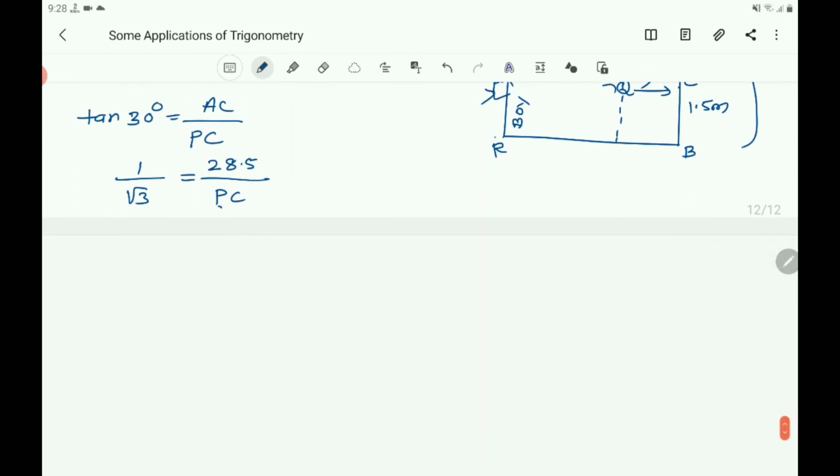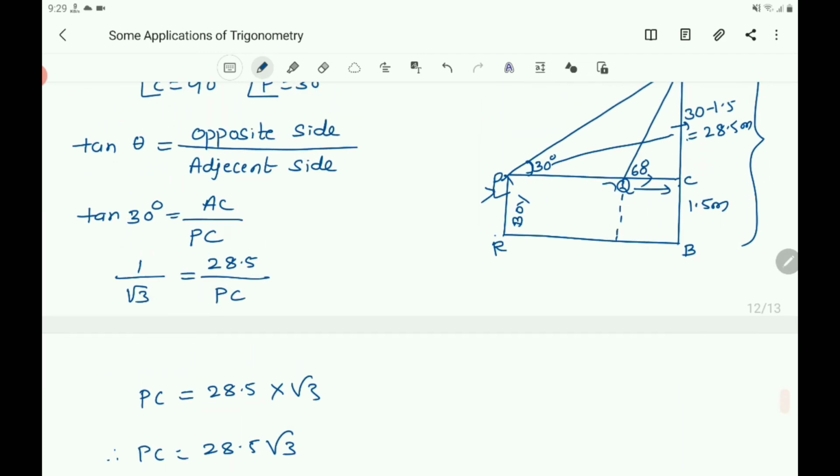Again as usual you do the cross multiplication. Then you will get 1 into PC equals 28.5 into root 3. Therefore, you got PC equals 28.5 root 3.